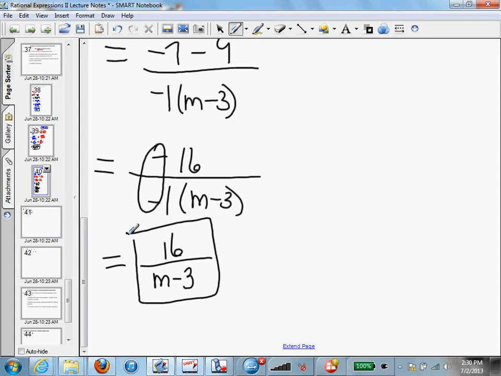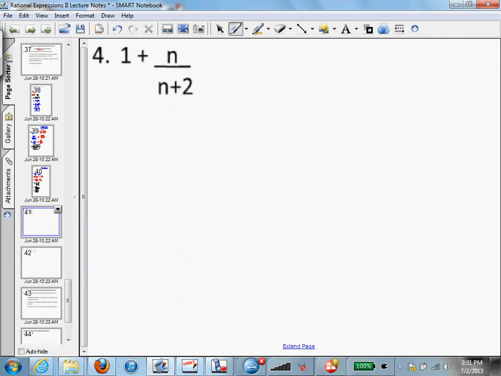Okay, if we look at our next problem, we have 1 plus n over n plus 2. And the fun thing about 1 is that it can be written as anything over itself, like we've done in the past few examples. So the least common denominator is actually going to be n plus 2.